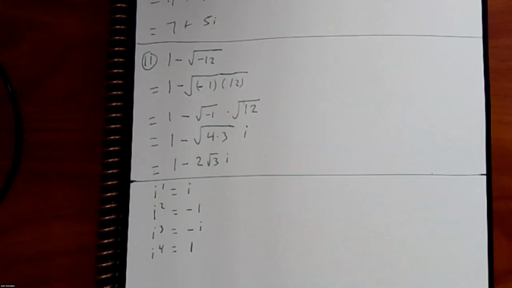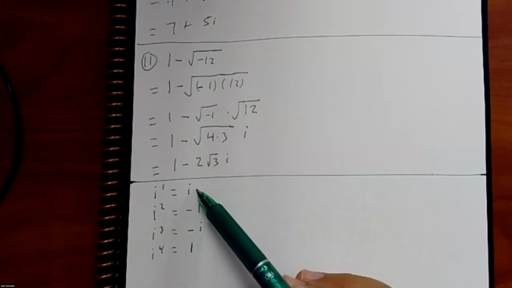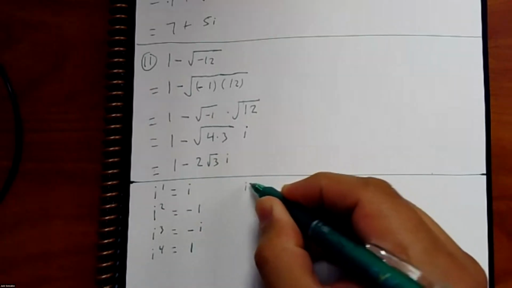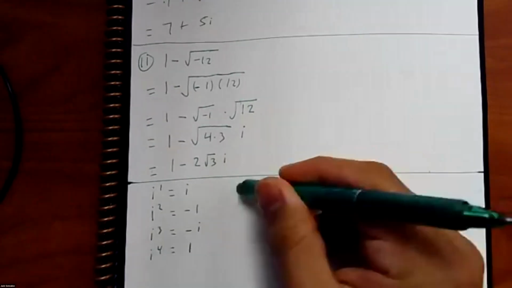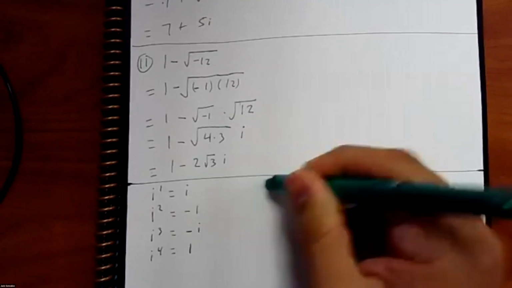So these will repeat over and over. If I keep going to 5, it will be this first one. And don't forget that i squared is equal to -1. I'm sorry, I wrote that. We're good.